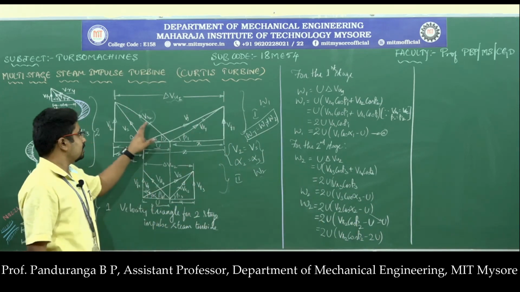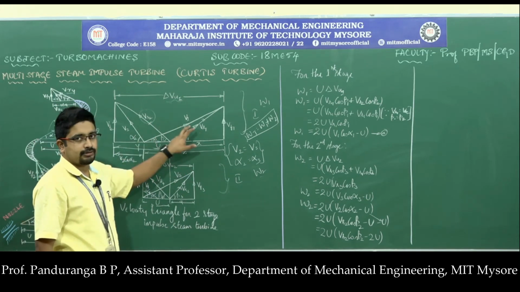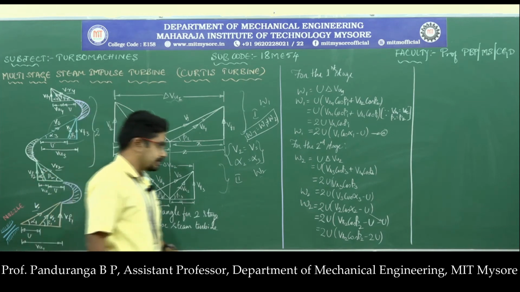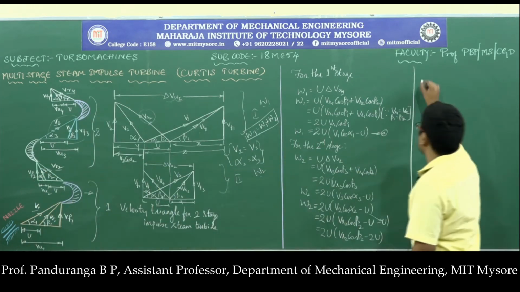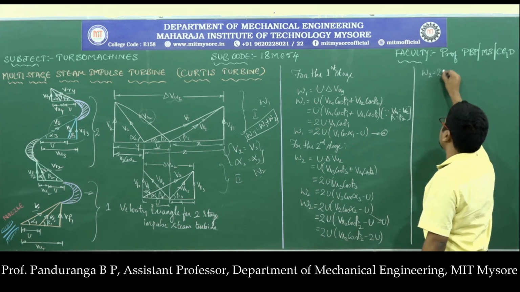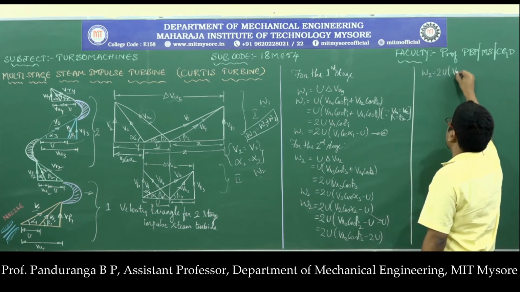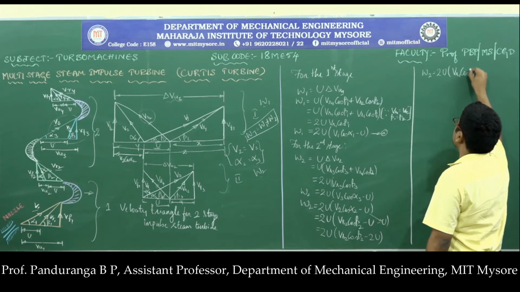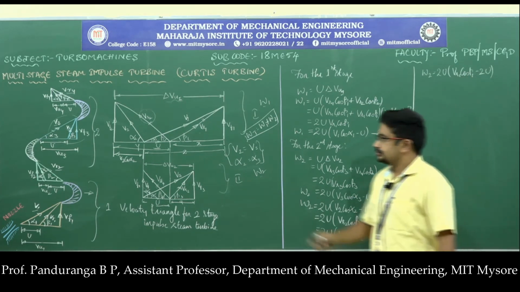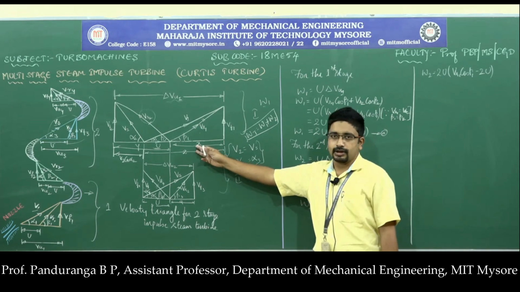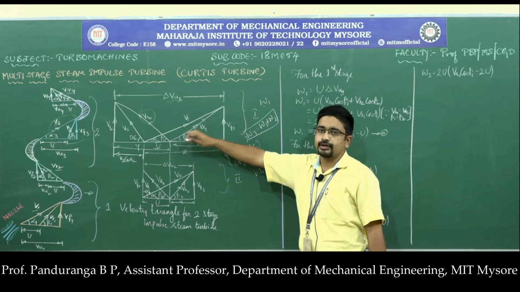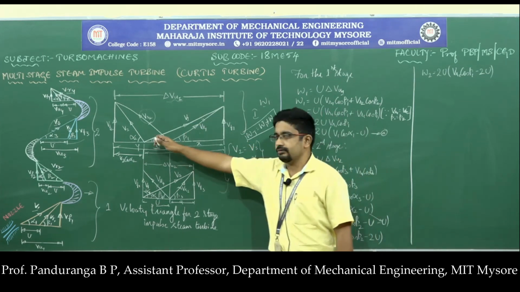Now I know that VR2 is equal to VR1 and beta 2 is equal to beta 1. So I will directly write W2 will be equal to 2u into VR1 cos beta 1 minus 2u. Now I know that VR1 cos beta 1 is x, and x should be expressed in terms of V1 cos alpha 1.